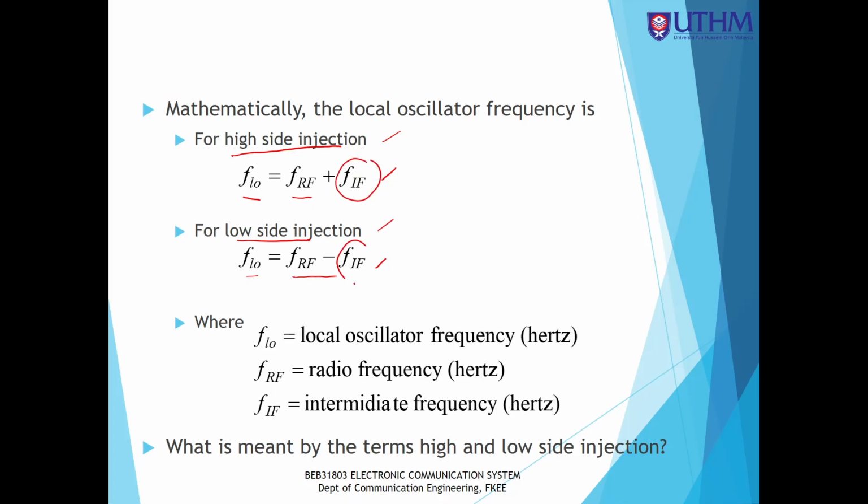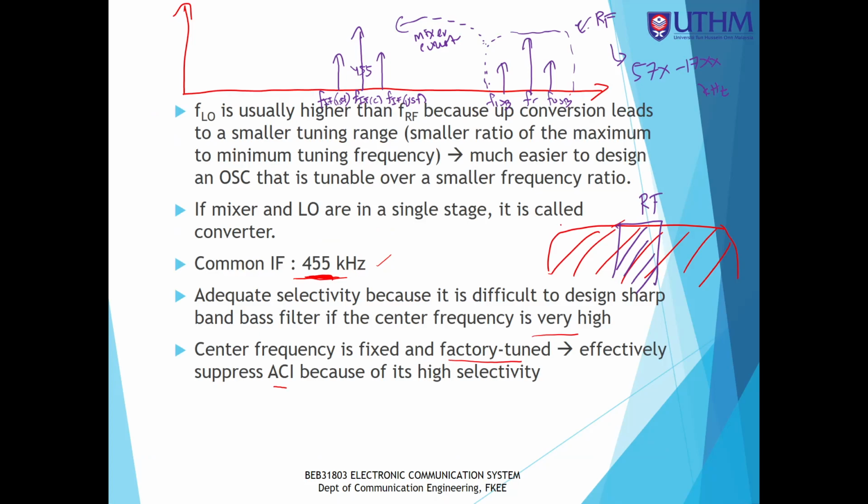So we need to know whether the process is high side injection or low side injection. Normally, most of the time in the practical case we use a high side injection. As mentioned in the previous slide, FLO is usually higher. So this is normally high side injection.